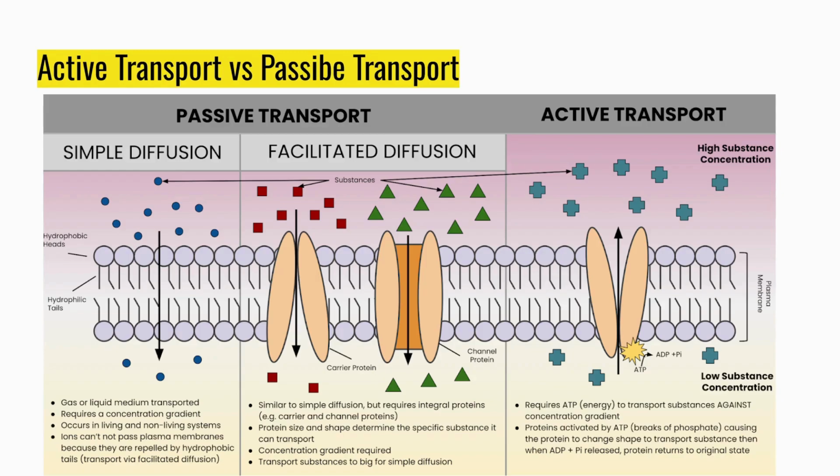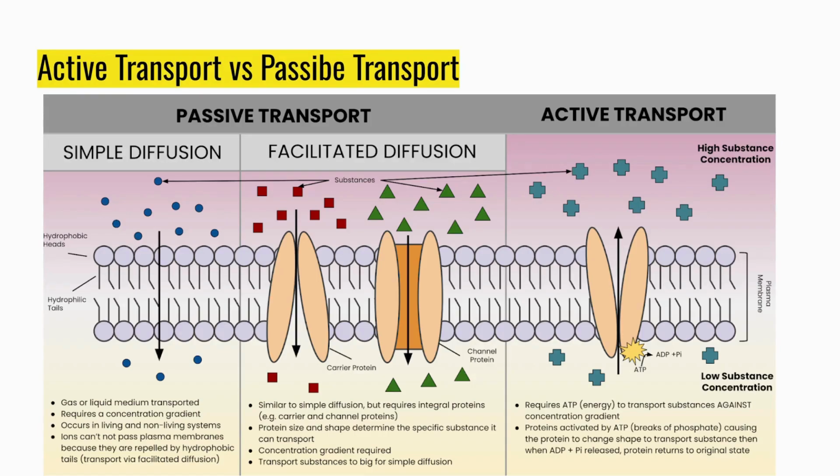And then there's facilitated diffusion, which is, again, a type of passive transport, so it requires no energy. However, in this case, we do need those integral proteins, the embedded proteins. And so we see a carrier protein and a channel protein. The protein size and shape can determine what exactly it's letting through.